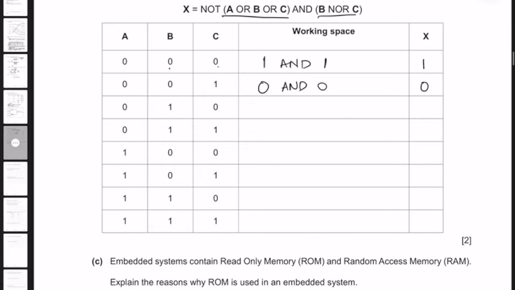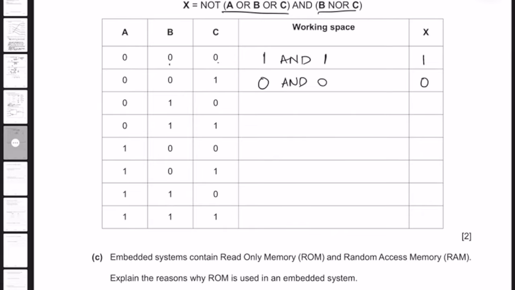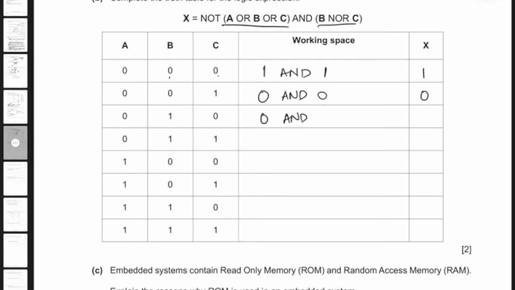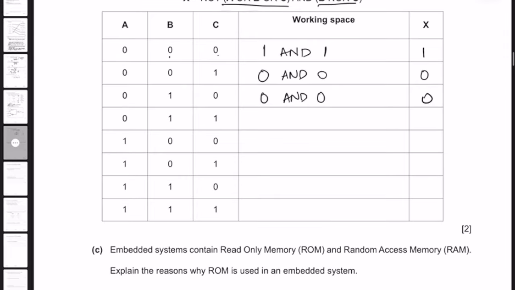Okay. Then we have A or B or C, that is true for this one. A or B or C is true, so NOT of true becomes false. Oh my god. False, and B NOR C is also false. This is also false. Okay.